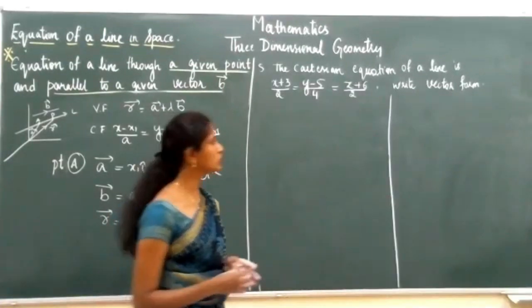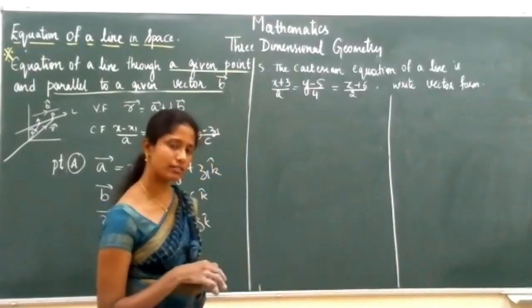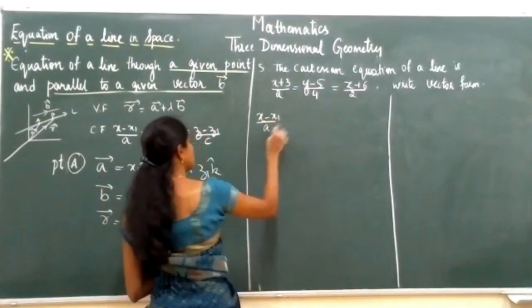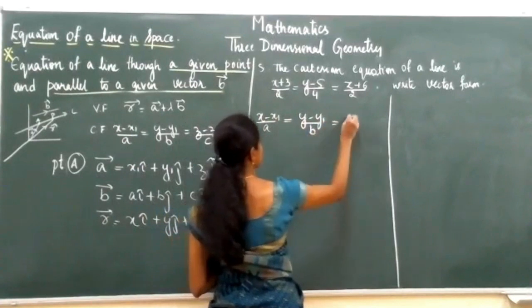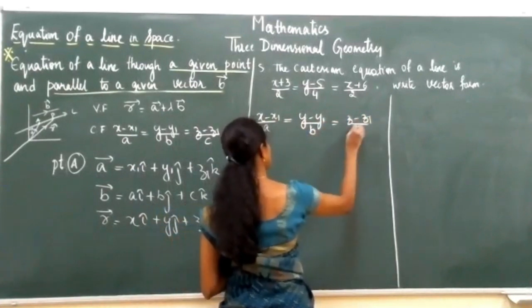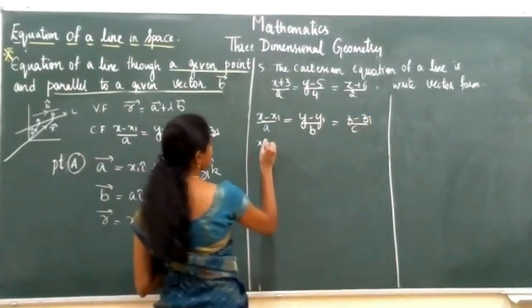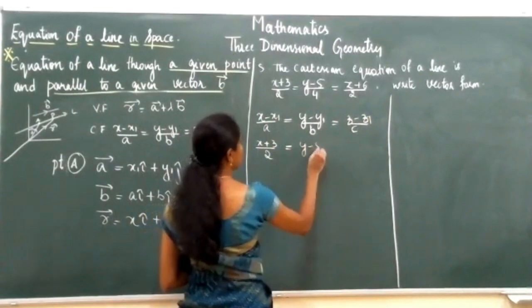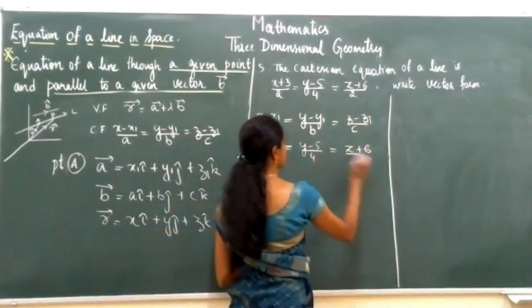Next problem, a similar problem. So they have given the Cartesian form, and you should write it in vector form. So the general Cartesian form is x minus x1 by a, which is equal to y minus y1 by b, which is equal to z minus z1 by c. And they have already given in the question x plus 3 by 2, which is equal to y minus 5 by 4, which is equal to z plus 6 by 2.